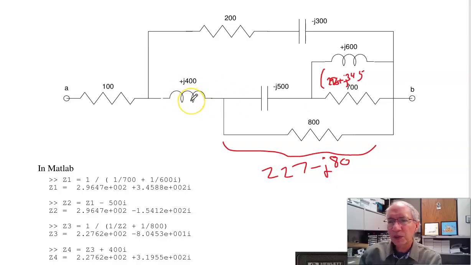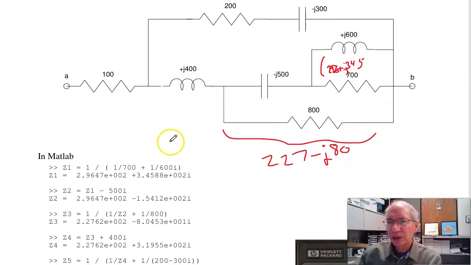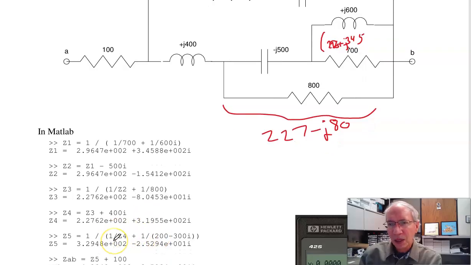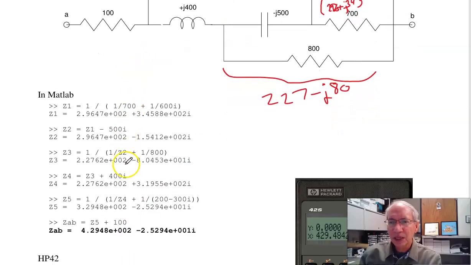In series with J400, they add, so that creates 227 plus J319. In parallel with 200 minus J300, in parallel we take the inverses, add them, then take the inverse. 329 minus J25. In series with 100. Okay, all done. There's your answer.